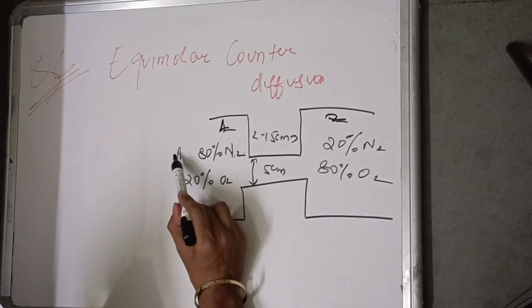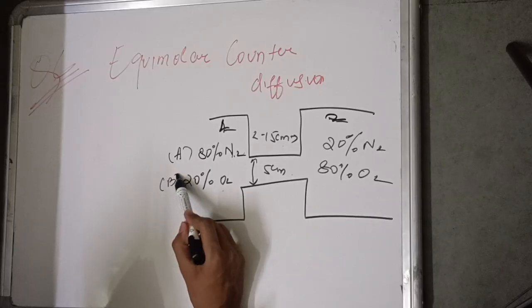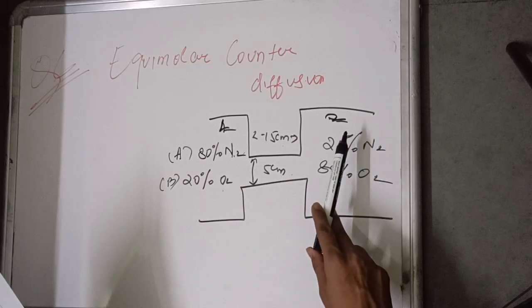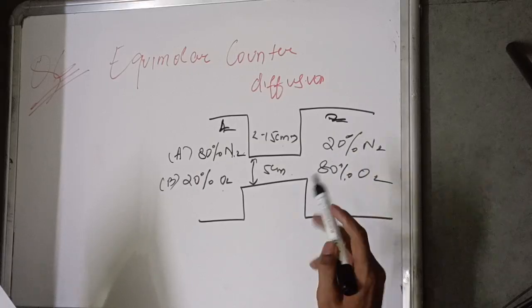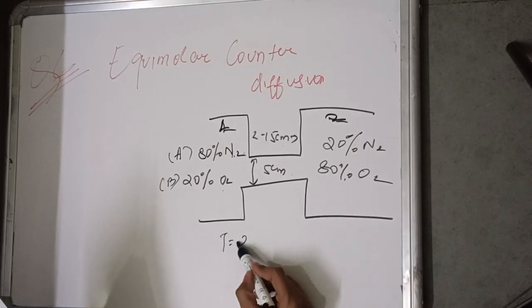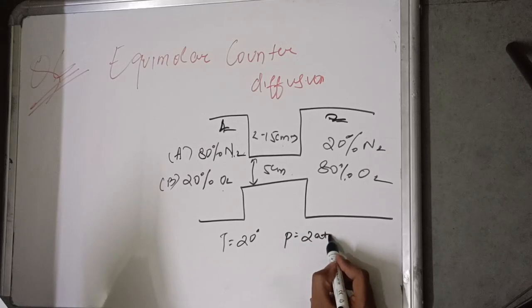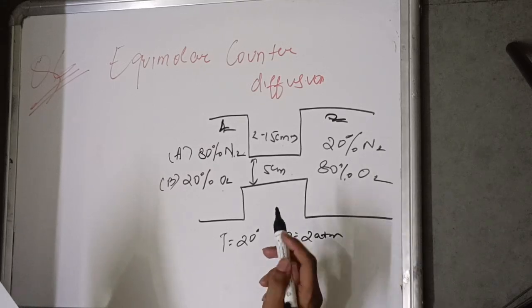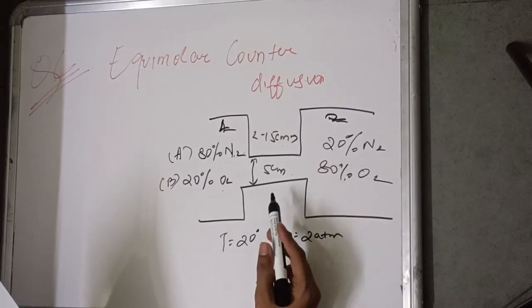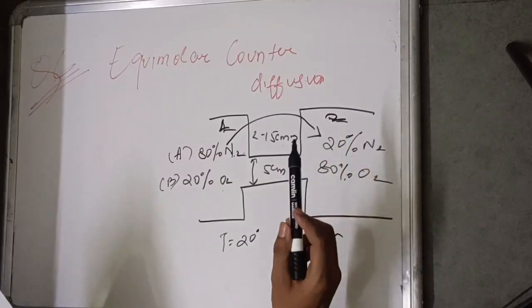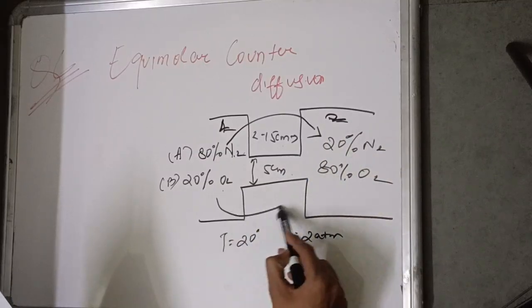We will consider this as A and this as B. Vessel 2 contains 20% of N2 and 80% of O2. Temperature is given as 20 degrees and total pressure is given as 2 atm. We have to calculate the steady state flux and the rate of transport of N2 from vessel 1 to vessel 2, and the same quantity for O2.